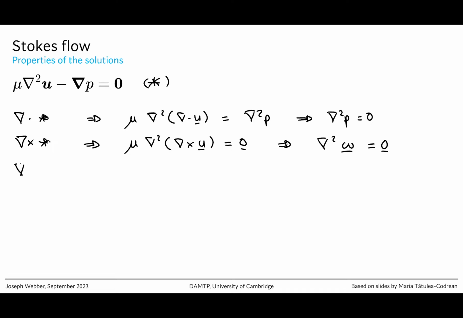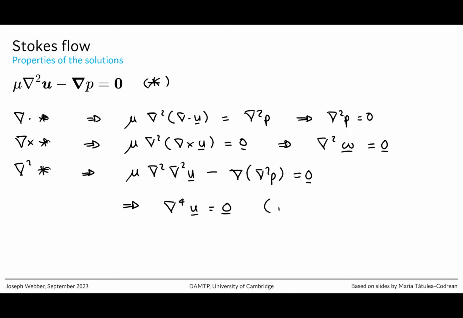We can also take the Laplacian of the equation, and that gives us mu grad squared u minus grad squared p, but remember grad squared p is 0, equals 0, so we just have grad to the 4 u equals 0, i.e. u is a biharmonic function, or vector field, perhaps is a better way of saying it.